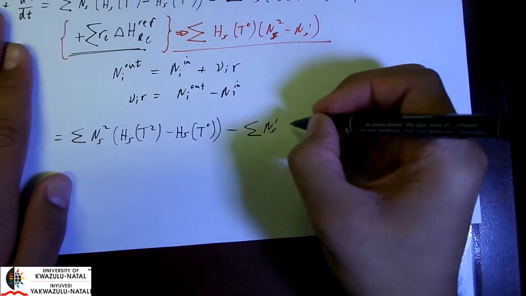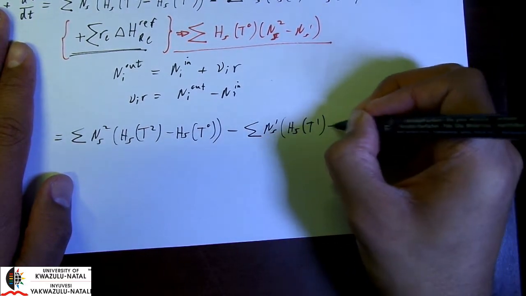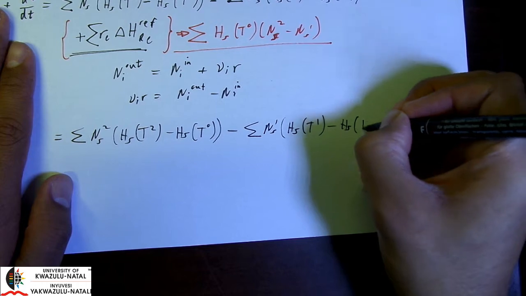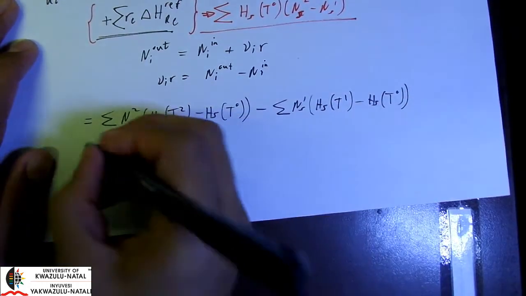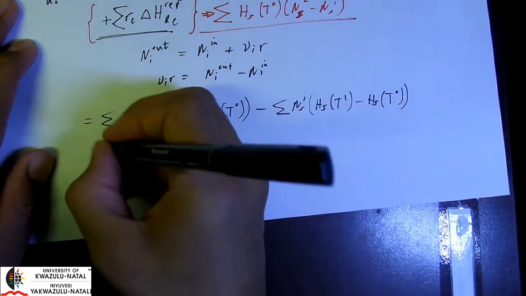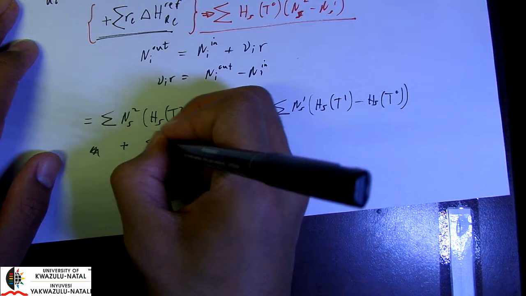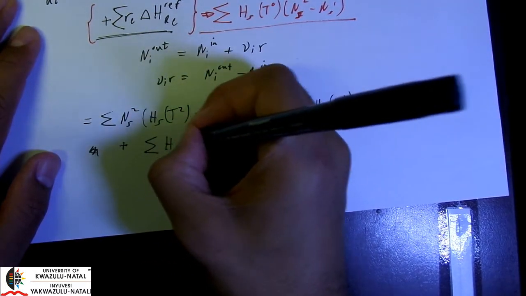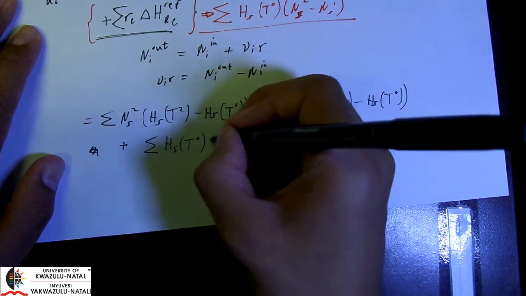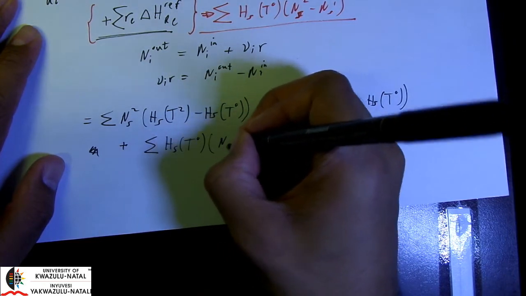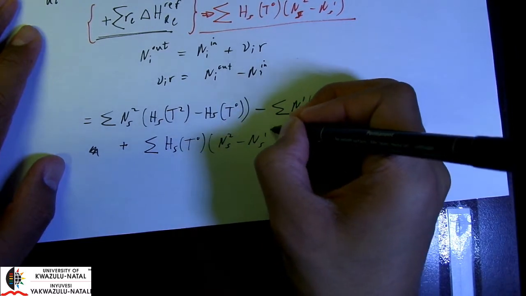That's the output minus the input, plus my enthalpy at my reference temperature of my production or consumption rates of all of my species.